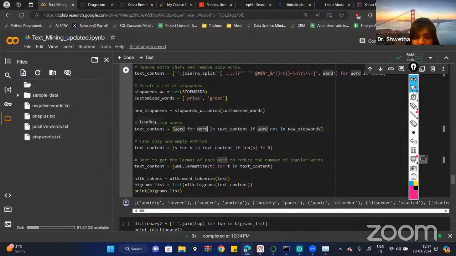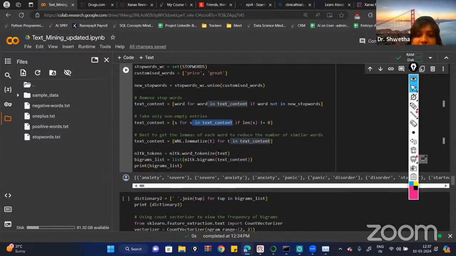Once that is stored, you can take all the words in the text content whose length is not equal to 0. If there are some spaces, those will be removed. After removing those empty entries, we can lemmatize it.